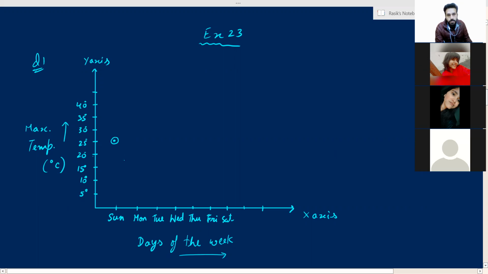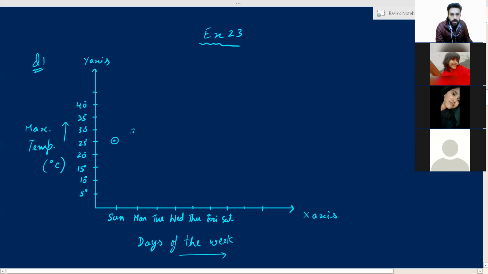Fine. What was the temperature on Monday? It was 28. So 28 is between 25 and 30 here. There are small divisions also on the graph paper. So between 25 and 30, there are various small divisions. Do you know where to find 28?